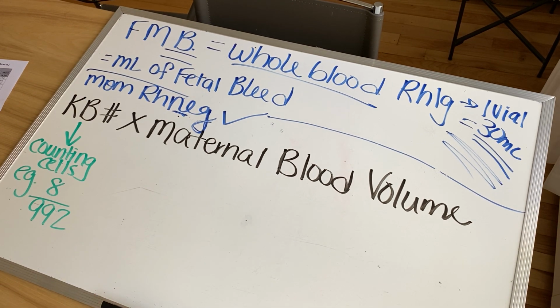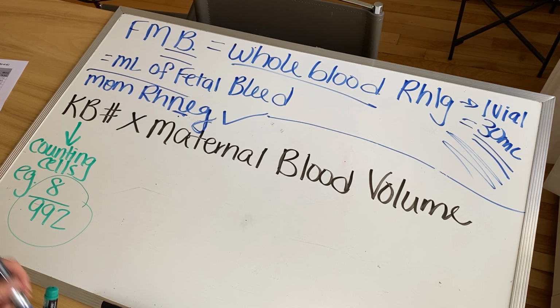So the Kleihauer-Betke number is achieved by counting cells, for example, 8 cells out of 992, and you have to actually do that math. You have to do 8 divided by 992.